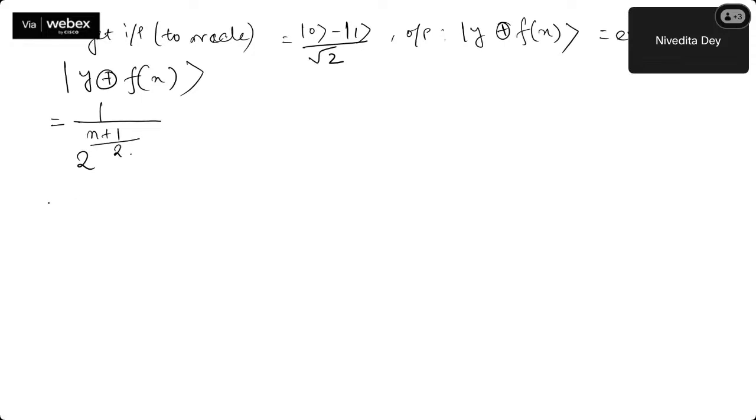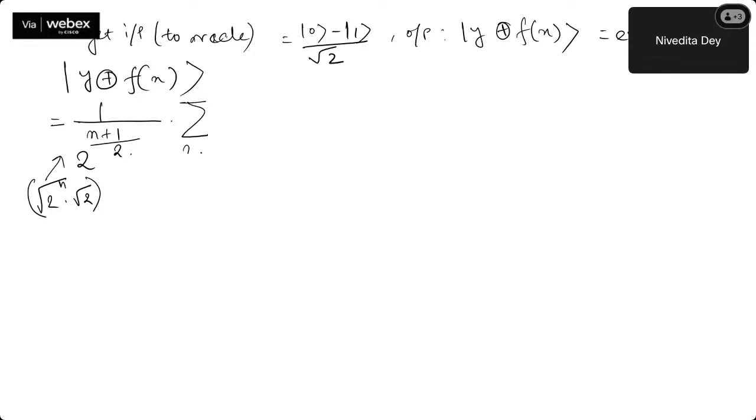So how is this coming? Because we have 2 to the power n by 2, that is root 2, and this thing together. So from that, I'm writing this thing times how your oracle is mapping x. Remember, x now will be mapped to x product y XOR f of x.